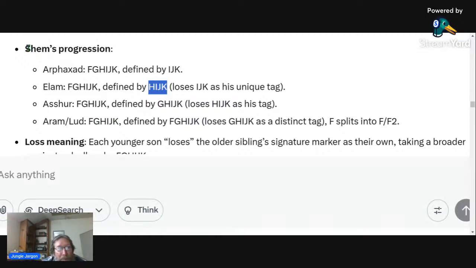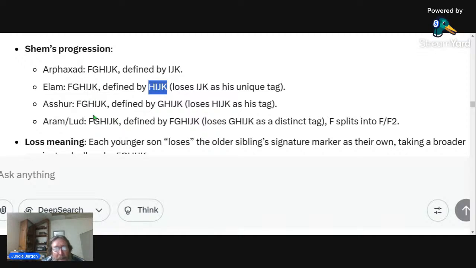What this is saying is that these are all Shem's descendants, and all Shem's descendants are FGHIJK. In other words, Arpachshad has FGHIJK, Elam has FGHIJK, Aram and Lud have FGHIJK.